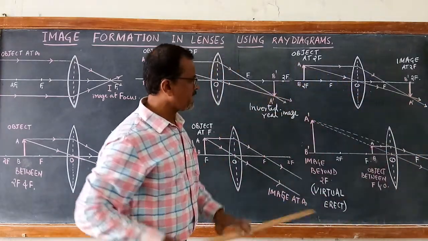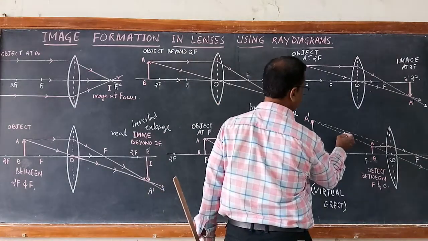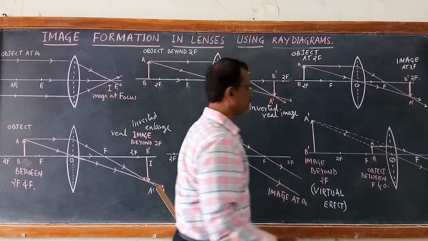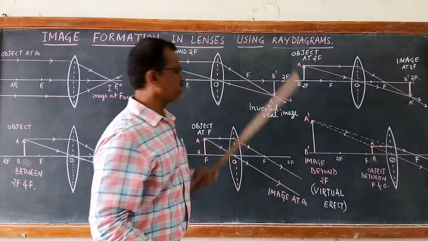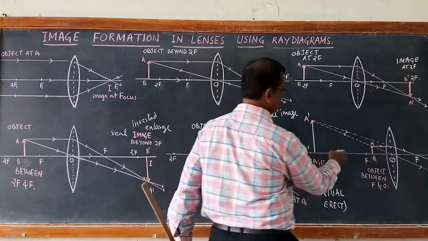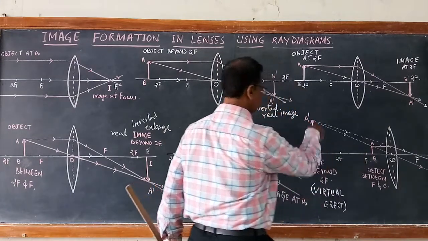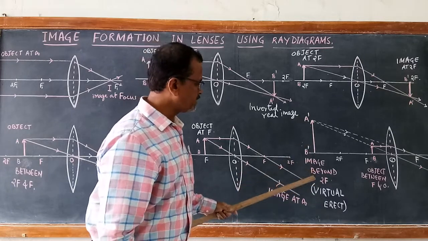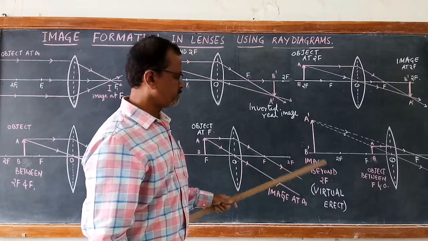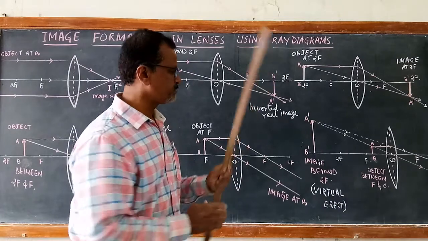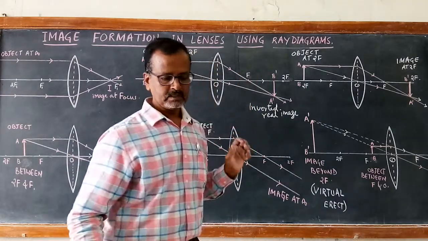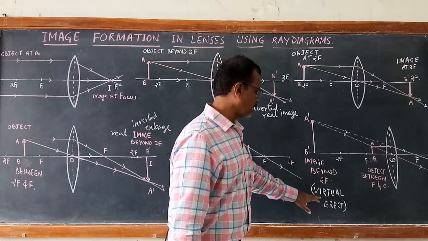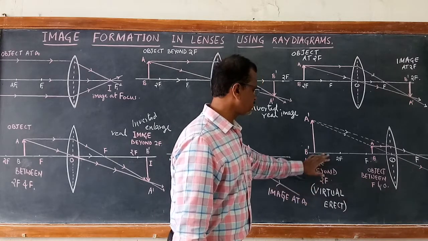When you produce them back, they appear to have emerged from one point that becomes A dash, and B becomes B dash. Thus we are getting an enlarged, erect image beyond 2F, which is a virtual image because it cannot be obtained on the screen.